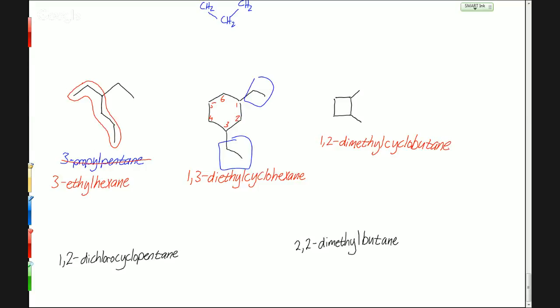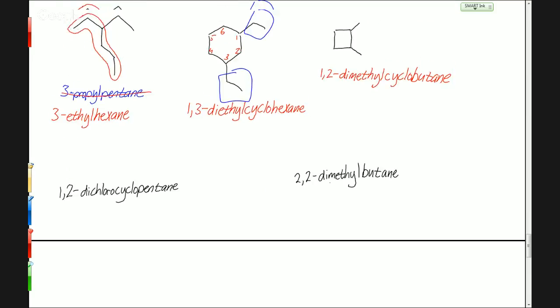Yeah, 1,2-dimethylcyclobutane. So again, when there's a ring, we use that as kind of the main name. The ring here has 4 carbons in it. That makes it a cyclobutane. And we've got methyl groups on the 1 and 2. So 1,2-dimethylcyclobutane.